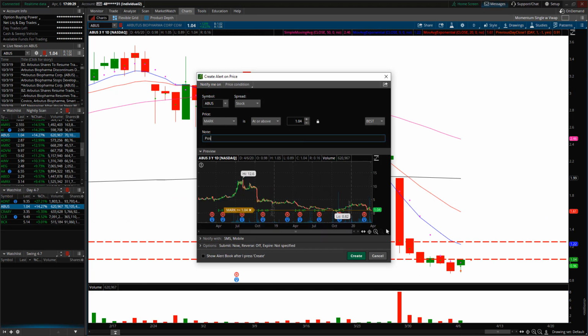Possible hammer on daily. Watch for potential move up with resistance around the 9 EMA on daily.